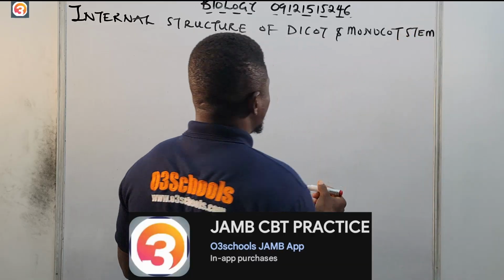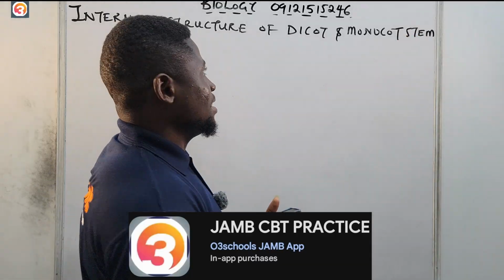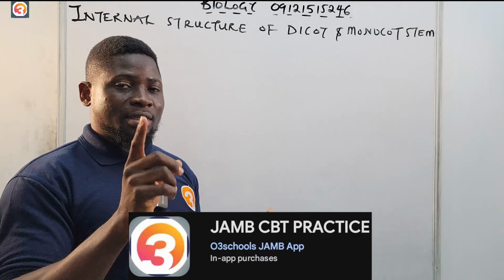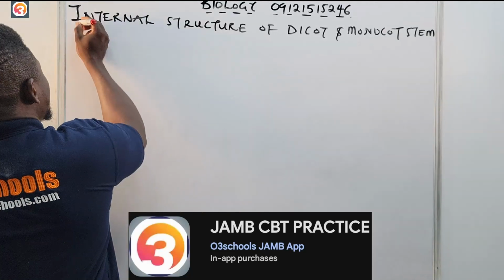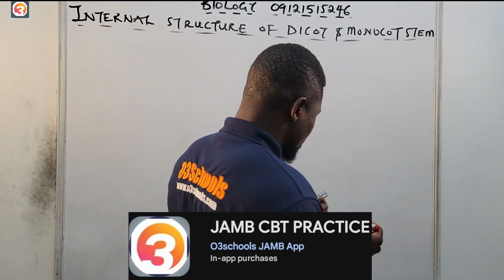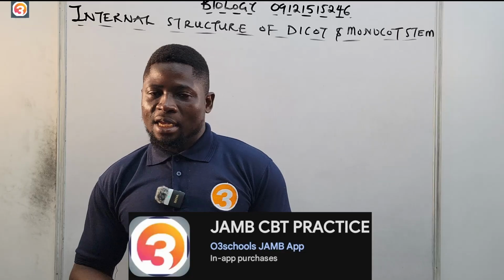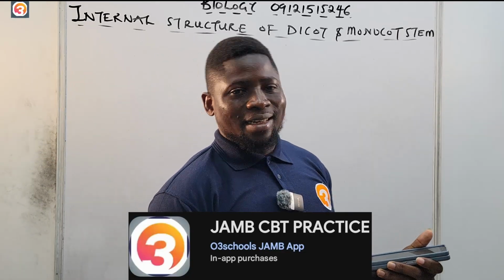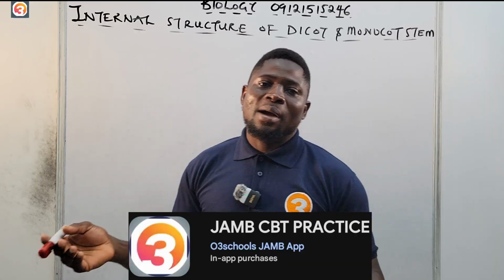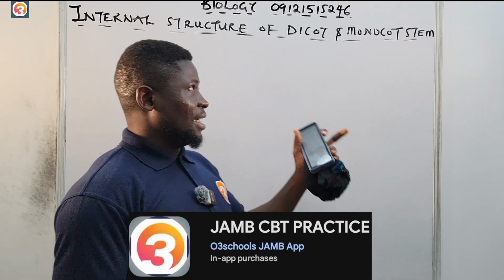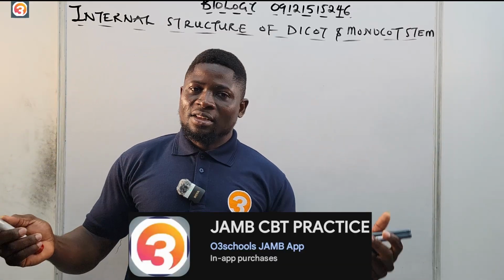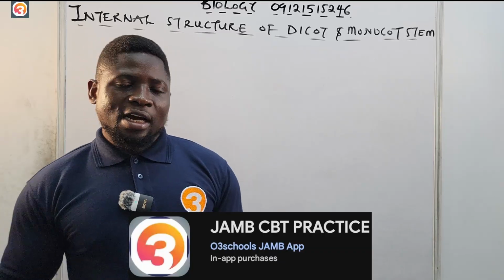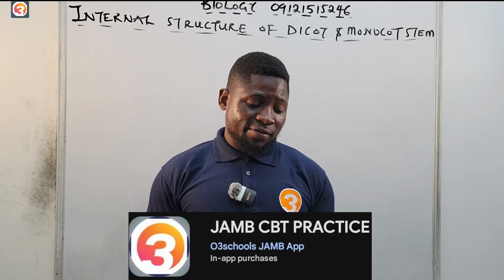In the last episode we did a great deal on the internal structure of dicot and monocot roots. But today we are looking at the internal structure of dicot and monocot stem. And of course they draw some similarities also, like in the naming of their parts. But of course a dicot stem and a monocot stem vary, and we're going to see some of those key differences.